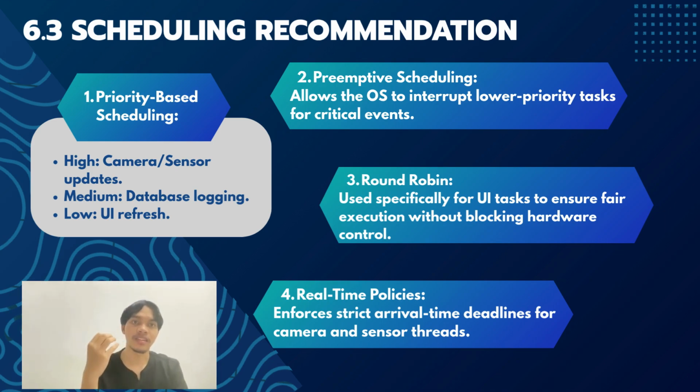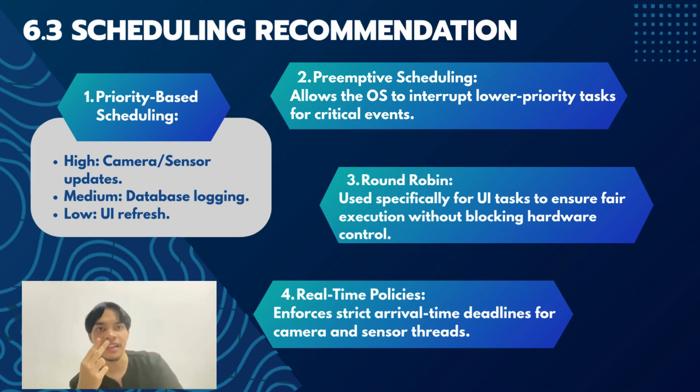Next is the scheduling recommendation that we would like to suggest to the system so that they can use it to improve their performance. So firstly, priority-based scheduling, where the system will assign priority levels to each task based on its importance. This approach ensures the most critical tasks are executed first rather than the less important tasks.